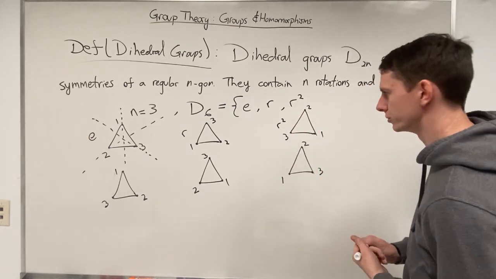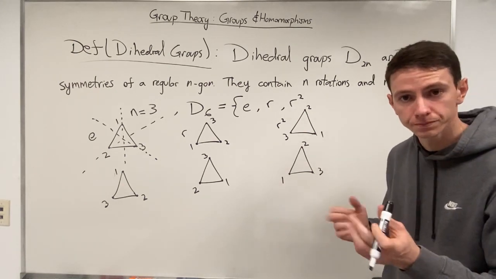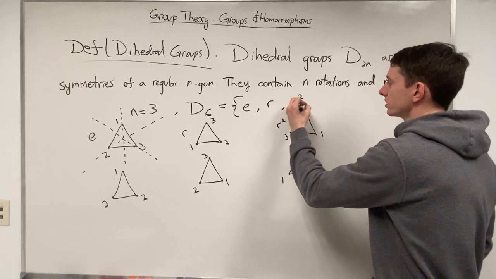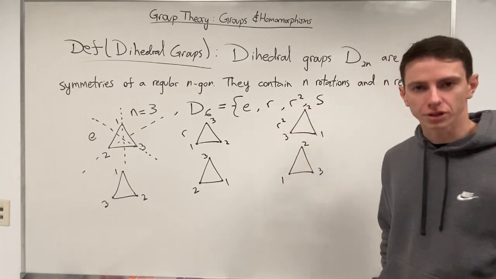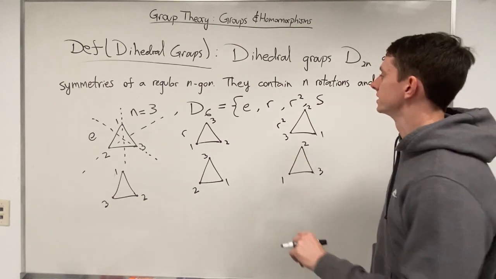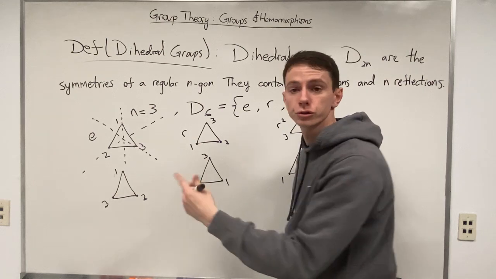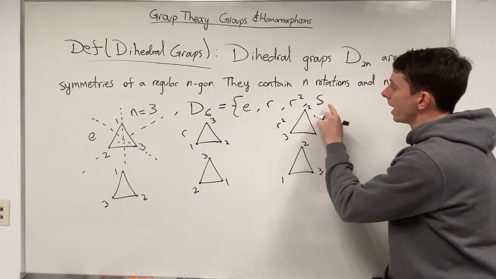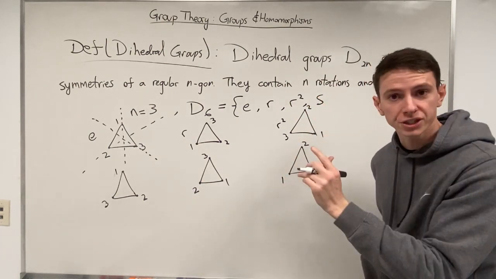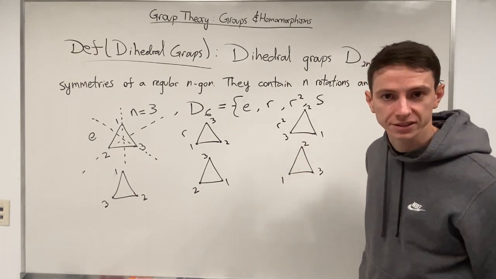That can get quickly confusing. So typically the notation that we use is the letter S. And this is just a convention. There's no rule on this, but this is what we typically see. R will denote a rotation, in this case by 120 degrees, and S will denote a reflection, typically by one of the three different axes.